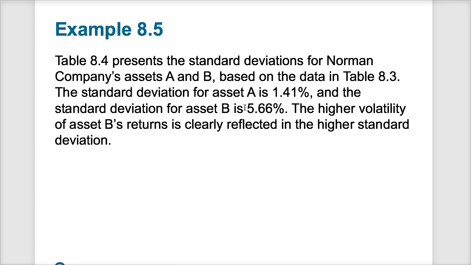So the higher the standard deviation, the riskier the asset is. So we consider asset B to have a higher standard deviation, a higher amount of volatility and risk. Remember, you can only compare the standard deviations if the average returns are equal.